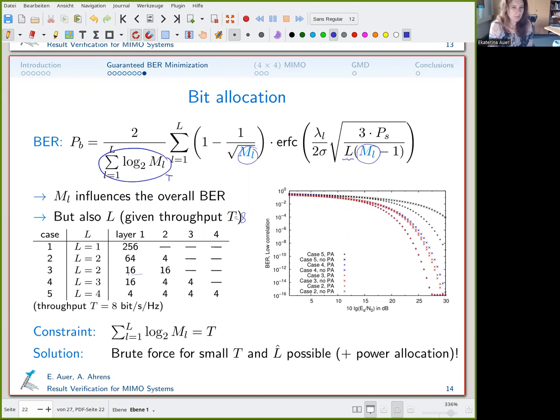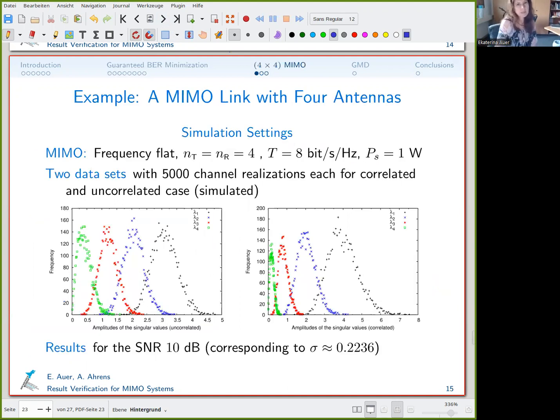What is better, this or this? We do not know, but we can find out by brute force if the given throughputs are small, and if we don't have an awfully big number of antennas. This is what we've done for the example that I explained earlier for 4x4 MIMO systems.